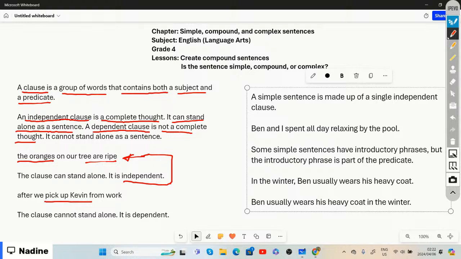Something is missing there. So this is a dependent clause. This is not a complete thought and it cannot stand on its own. And remember, we said a dependent clause cannot stand on its own and it needs an independent clause in order to complete its thought.